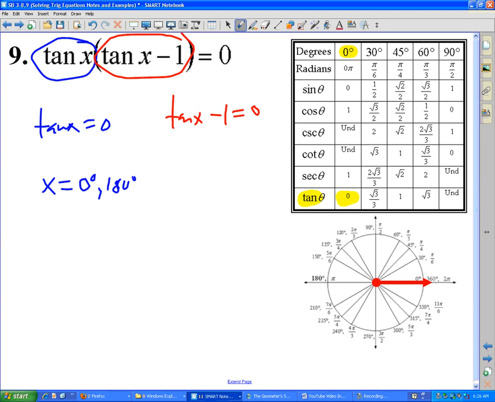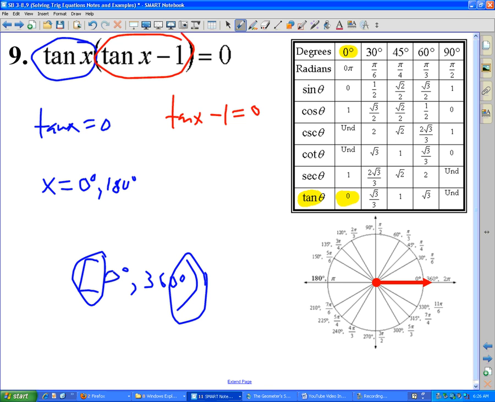In the directions up at the top of the page, this is the exact notation for what it says to take your answers from. Notice that the 0 gets the square bracket. That means we include it. Unfortunately, or fortunately, I guess it doesn't really matter, the 360 gets the parenthesis.